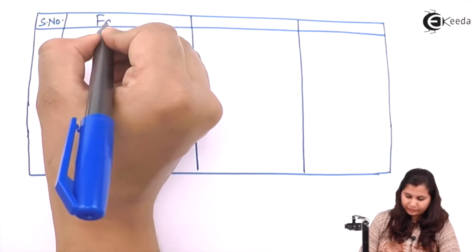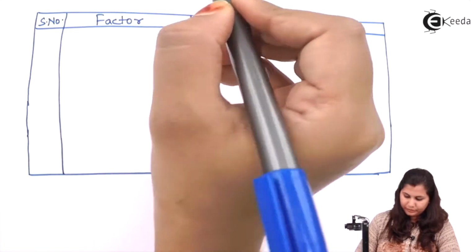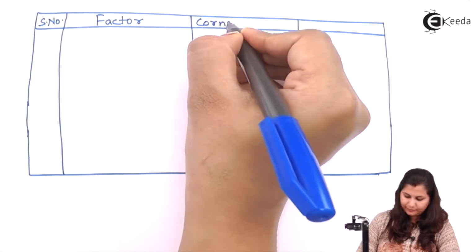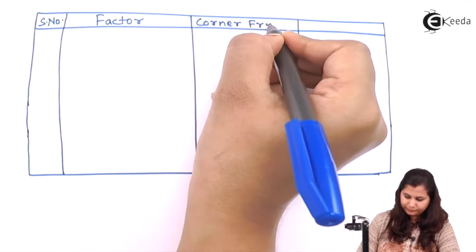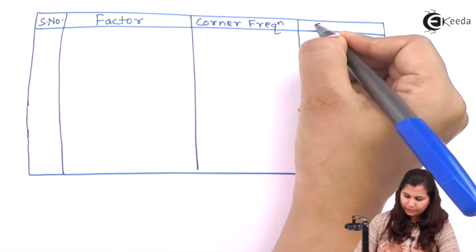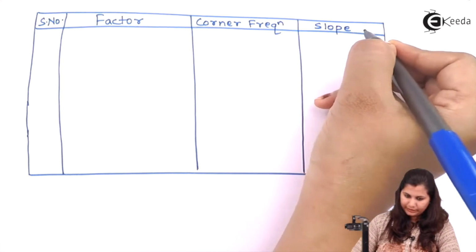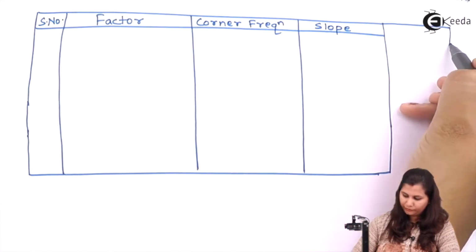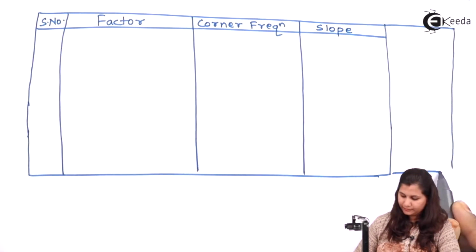This is the factor, this is the corner frequency, this is the slope, and then we will make a column for the remark.